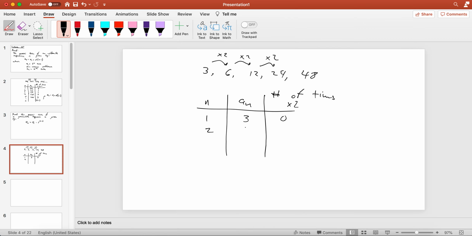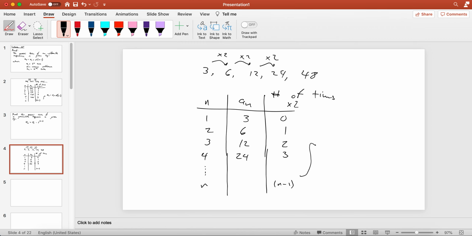The second term is 6, multiplied 1 time. The third term is 12, multiplied 2 times. The fourth term is 24, multiplied 3 times. In general, on the nth term, I'll have multiplied by 2 n minus 1 times.